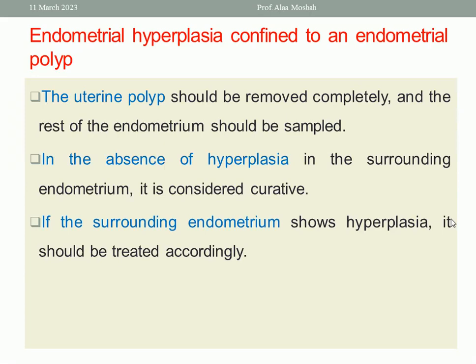If the result of the rest of the endometrium shows no hyperplasia, this polypectomy is considered curative, because hyperplasia happened only inside this endometrial polyp but not in the rest of the endometrium. But if the surrounding endometrium shows hyperplasia, it should be treated accordingly as I mentioned before.